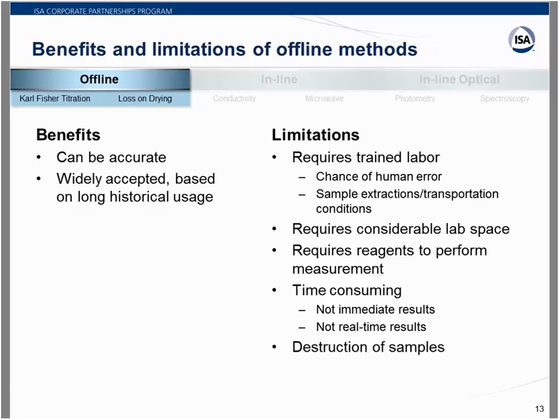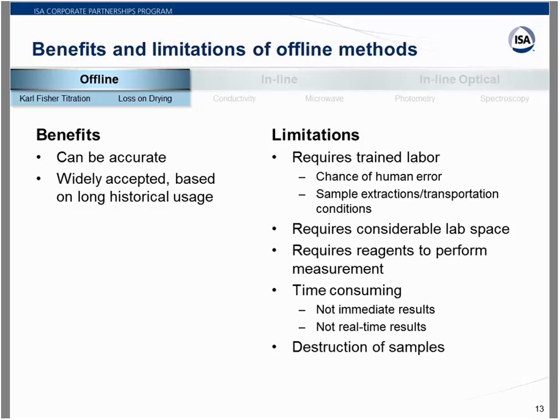Also, sample extractions and the transportation of these samples can change their values. One person takes a sample off a pipeline under high pressure into the sample container that he's going to transport to the lab, and this high pressure will cause low boiling materials to fractionate off and be lost.